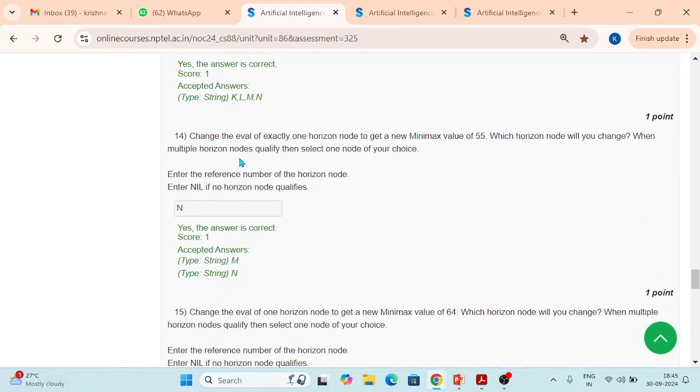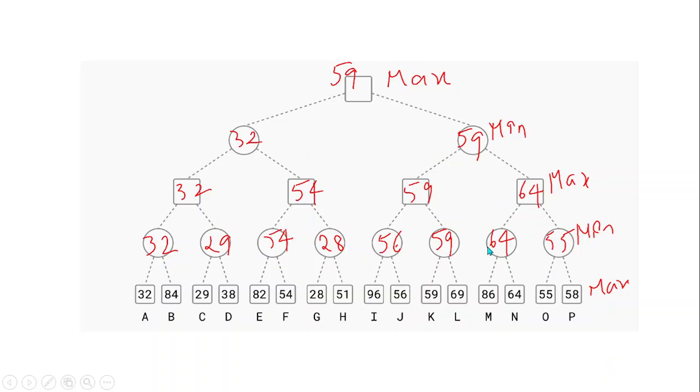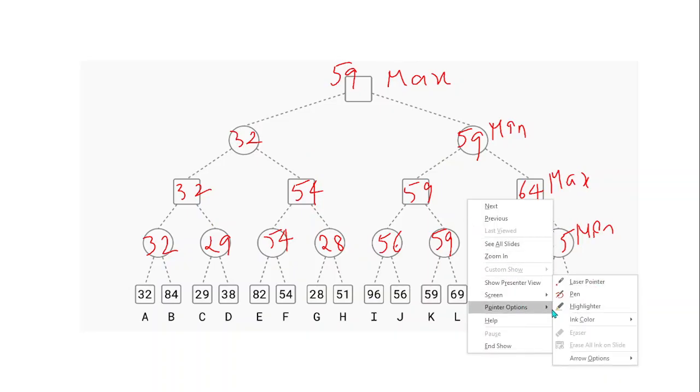Now, change the evaluation of exactly one horizon node to get a new minimax value of 55. Okay, so if you want to get 55 here, which node do you need to change?